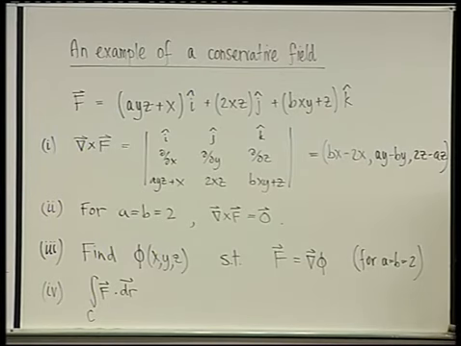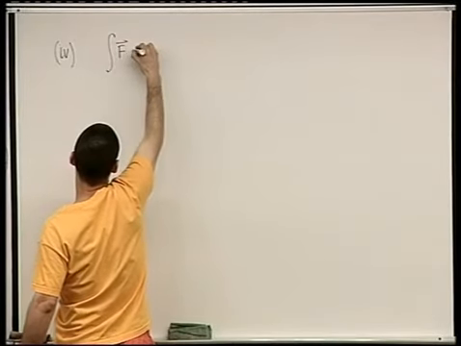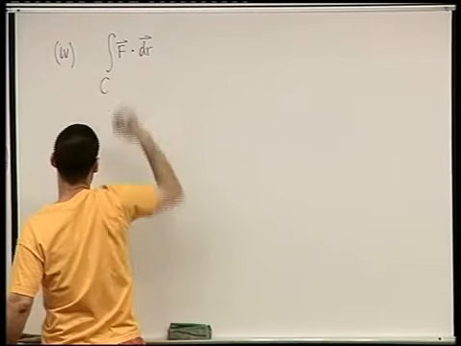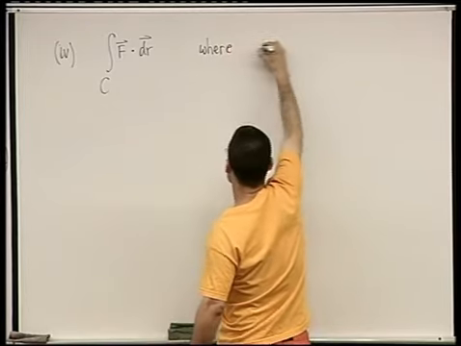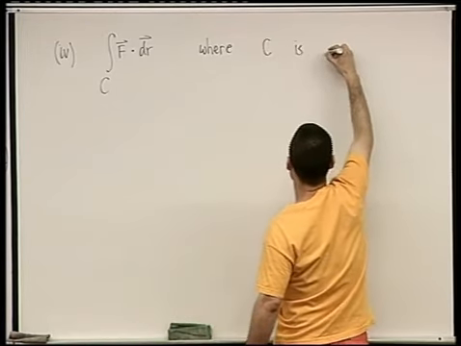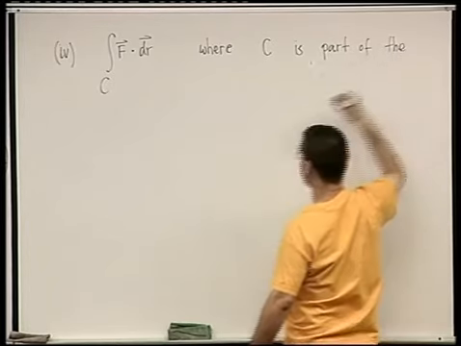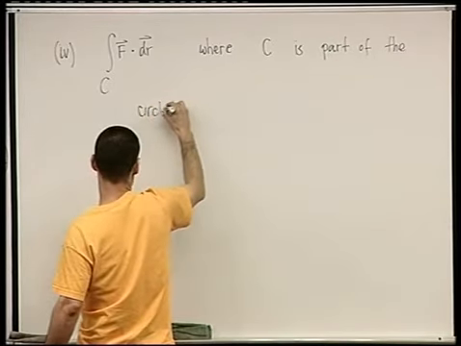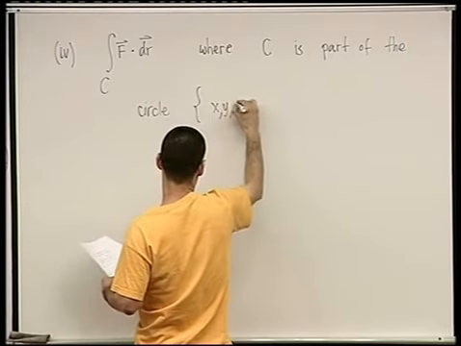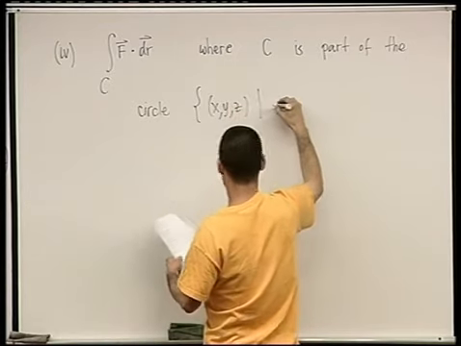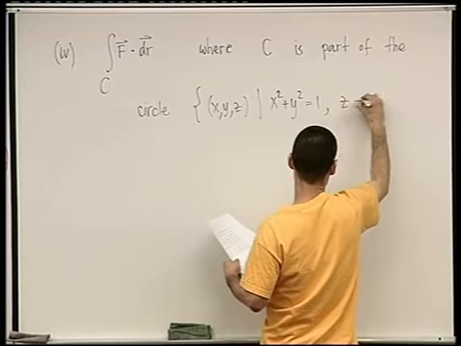So I'm rewriting this. We want to find the line integral, the work done by f over some curve C, where C is a part of the circle, all the x, y, z satisfying that x squared plus y squared equals 1 and z equals 1.